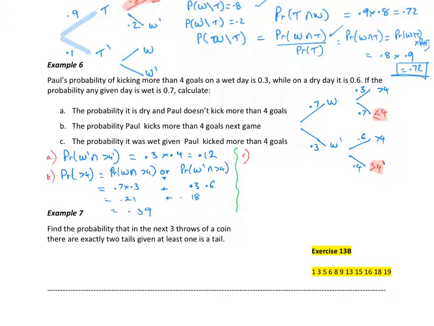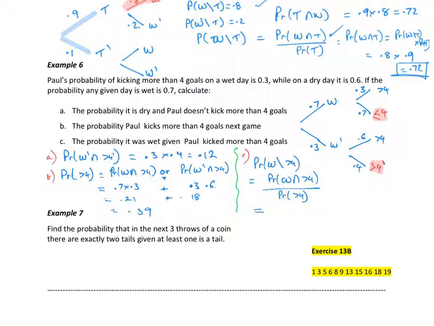C, the probability it was wet given Paul kicked more than 4. So probability of wet given more than 4. If I go to my rule, that's the probability of wet and more than 4 over the probability of more than 4.